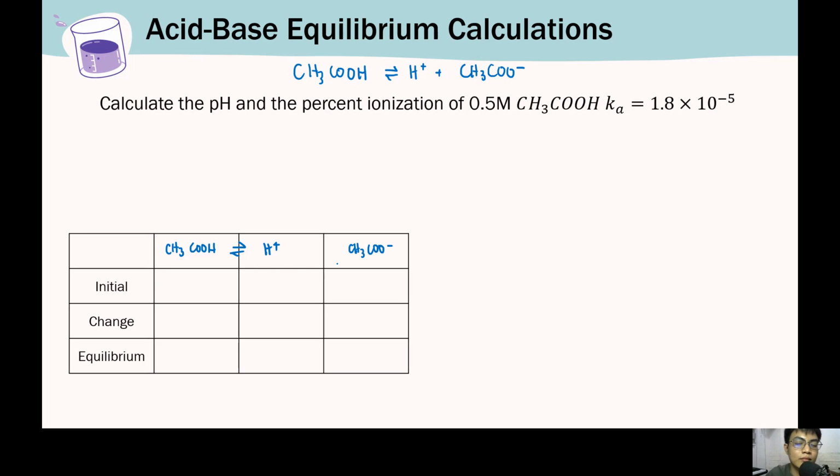Okay? And then we can plug in the concentration of our acetic acid. So that's 0.5 molar. And then for the others, walang sinabi. So 0 and then 0. Okay, for the change, kung nasan yung 0, dun positive. Okay, so this will be positive x. Positive x. And then this one will be negative x.